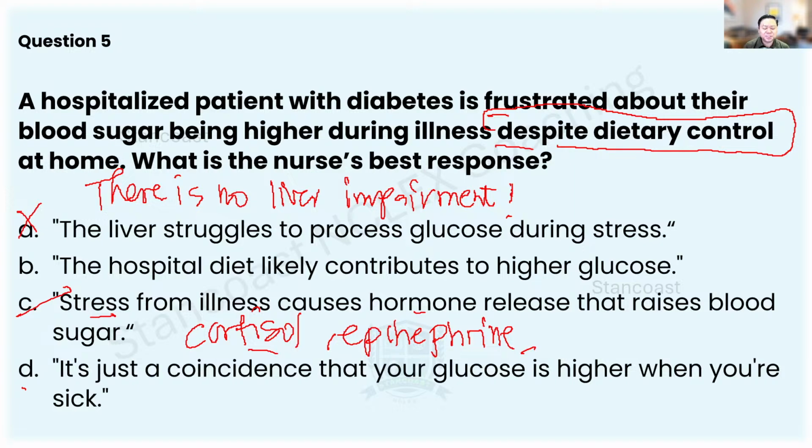Hospital diets are typically calculated in order to manage the patient's blood sugar levels, especially for the diabetics, okay? And so our final answer here would be the stress hormones that will be released in response to the stress. That is letter C.